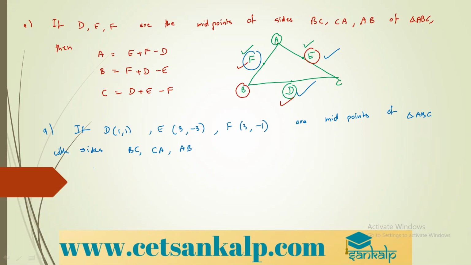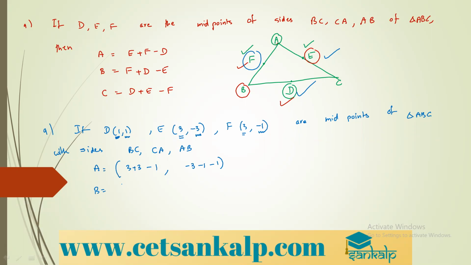Then in order to find A, the x coordinate, we will take E plus F minus D: 3 plus 3 minus 1. Similarly, y coordinate, E plus F minus D: -3 minus 1 minus 1.